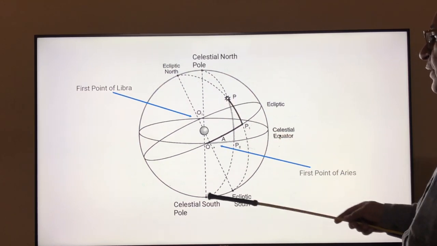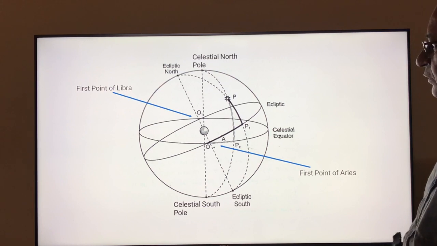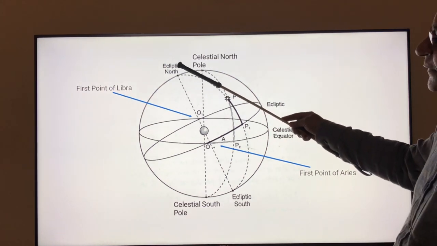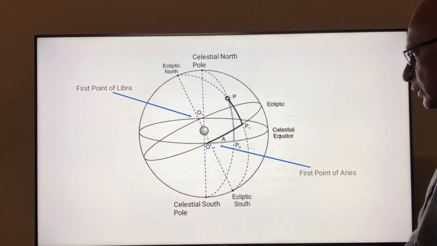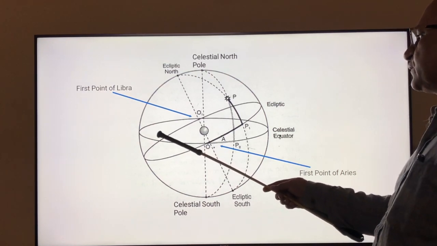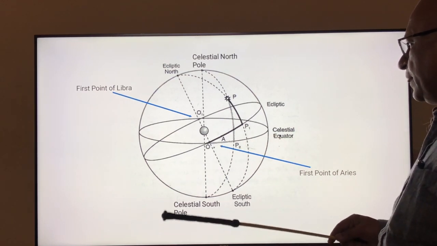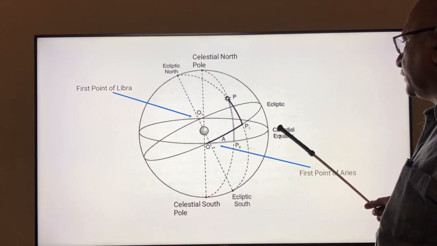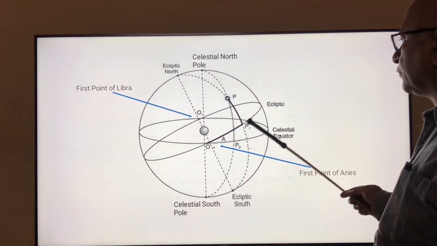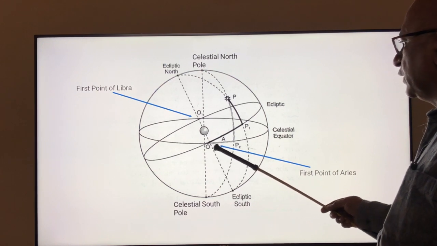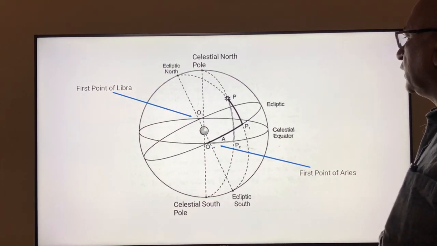If we extend the north pole and the south pole infinitely, then they are called the celestial north pole and the celestial south pole. Same way, if we extend the equator of the earth infinitely, that is called the celestial equator, and the path of the earth on which it moves, extended infinitely, is called the ecliptic.